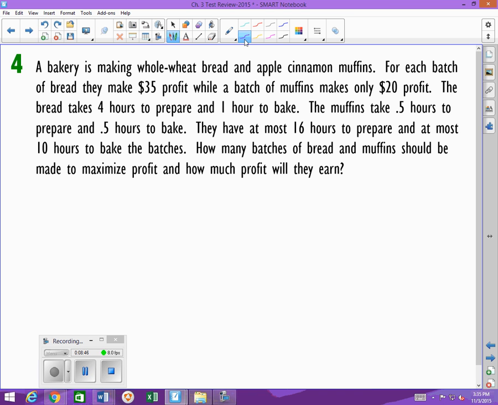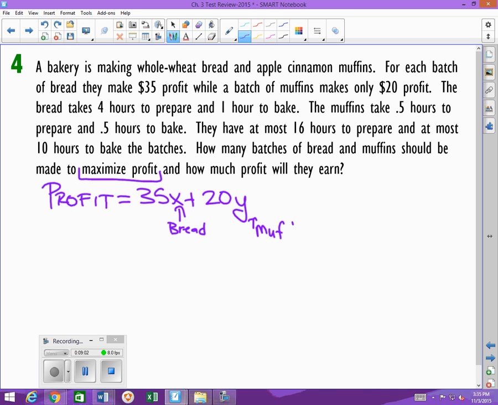So we are trying to maximize profit, and in this case, profit is equal to 35x plus 20y, where x represents bread and y represents muffins. So we know that bread takes 4 hours to make and an hour to bake.